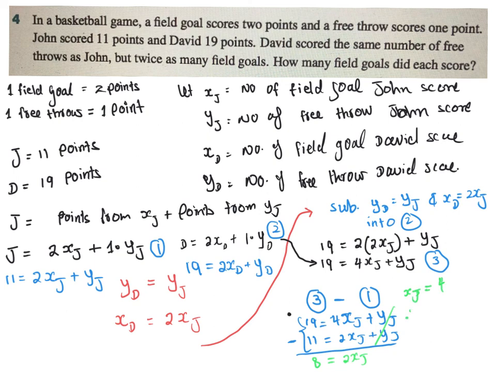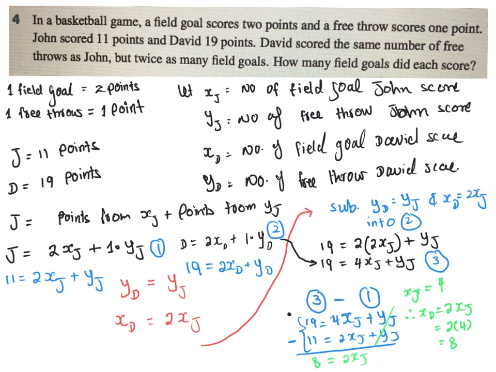And we need to find xd. We know that xd is equal to 2 times xj, which gives us 2 times 4, which is 8.